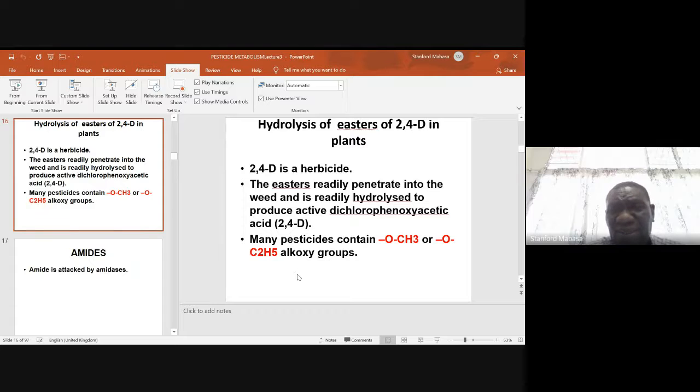We also have the hydrolysis of esters of 2,4-D in plants. We know 2,4-D is a herbicide. Normally, we apply it to plants in the form of an ester to facilitate its entry into the plant. But once it is inside the plant, we want it to release the acid part, which is active, dichlorophenoxyacetic acid 2,4-D, which kills the weeds.